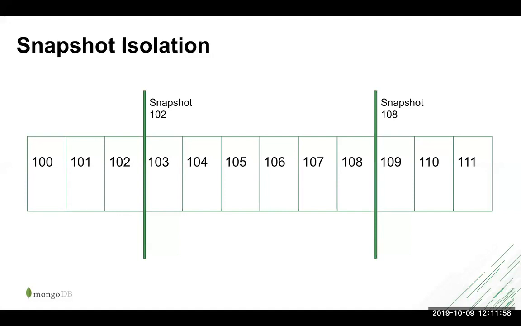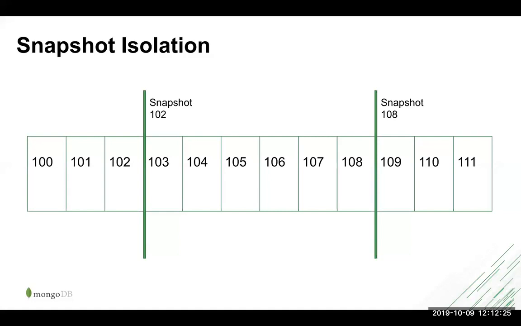So if we think of the system this way, and I have writes coming in at 100, 101, 102, if I take a snapshot at that logical time 102, it only reflects the previous writes. So I'm going to see write 100, write 101, and write 102. However, if subsequent writes come in, like write 103, 104, 105, those are not going to be reflected in the 102 snapshot.